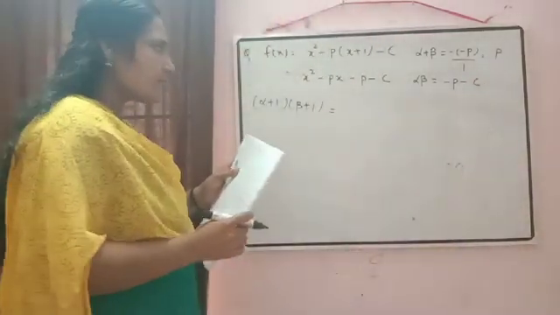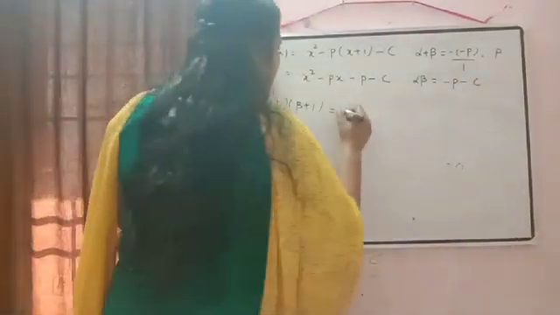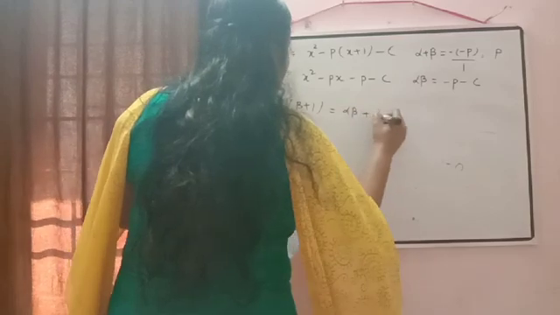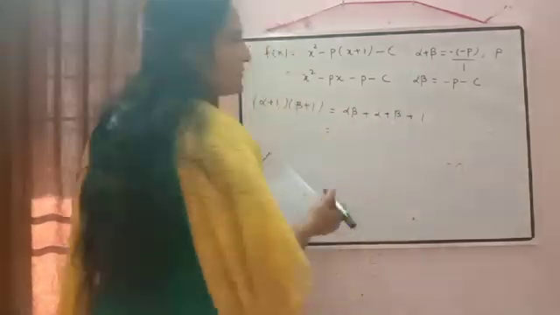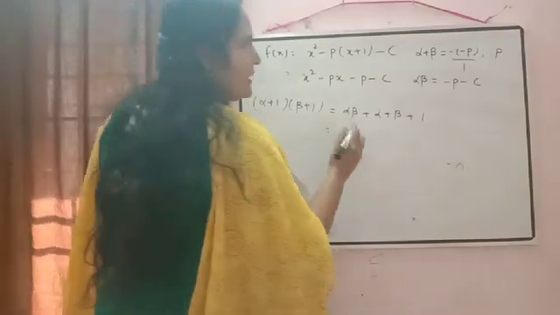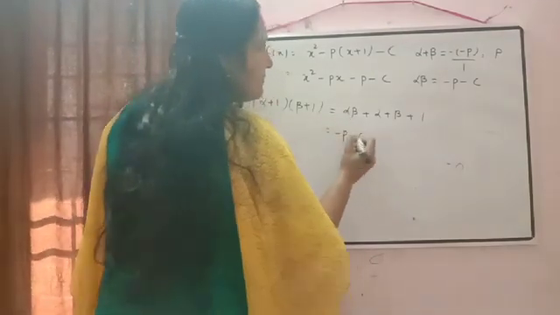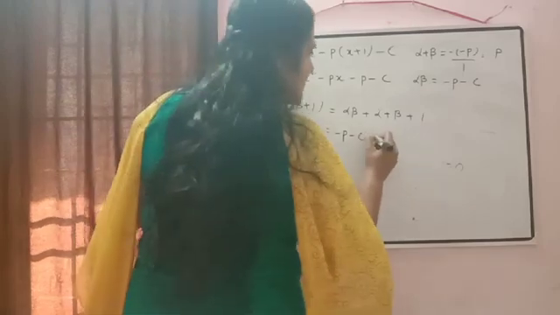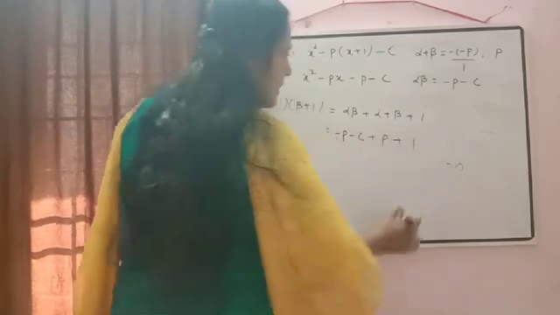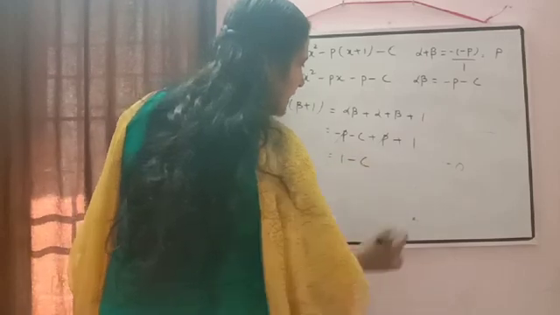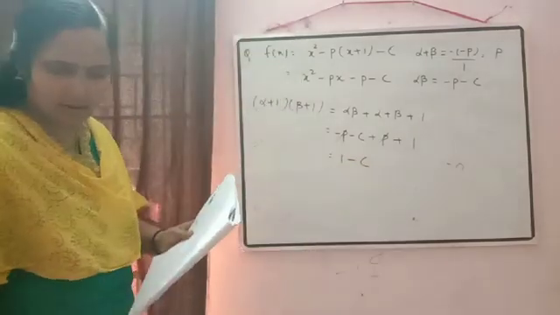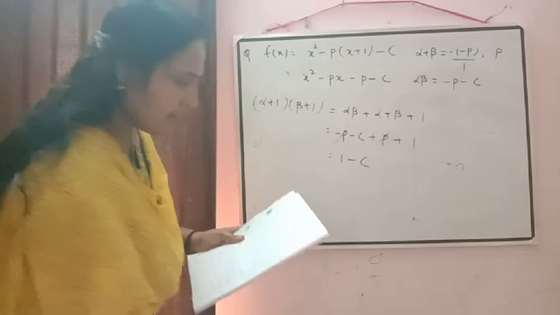So it will come minus p minus c by 1. Now multiply, then we will get alpha beta plus alpha plus beta plus 1. Now we know the values, substitute them. Alpha beta is equal to minus p minus c. Alpha plus beta is p plus 1. So p and minus p will get cancelled. We will get the answer is equal to 1 minus c, or minus c plus 1.